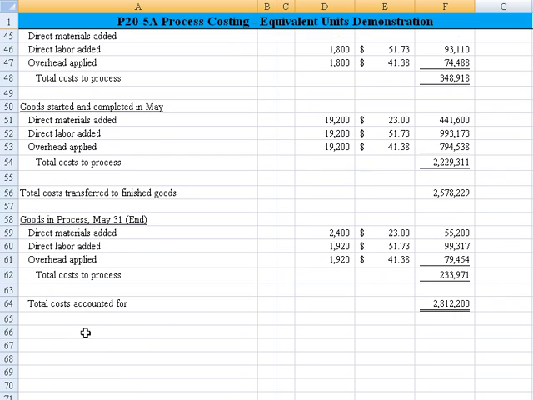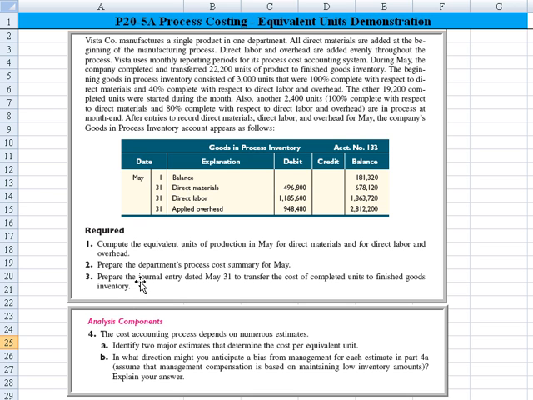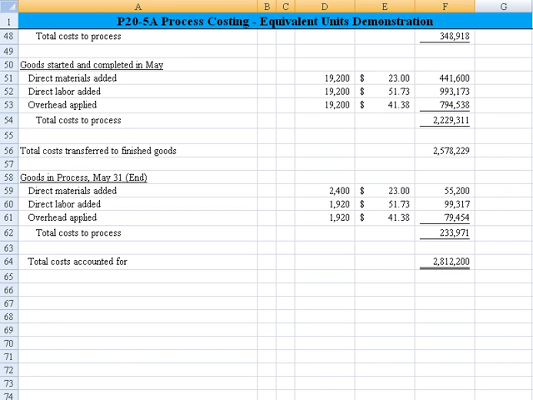Okay, now let's move on to part 3. In part 3, we're asked to prepare the journal entry transferring cost of the completed units to finished goods inventory. This is pretty straightforward. So on May 31st, we need to make an entry. And I'm going to write this up top rather than to the left because I didn't leave myself a nice column here.